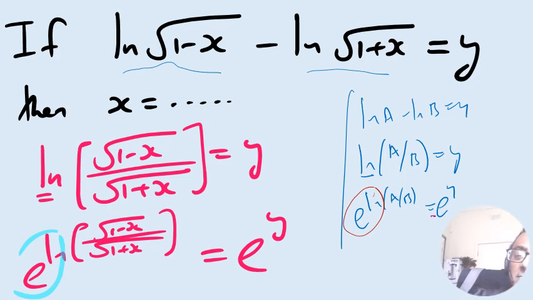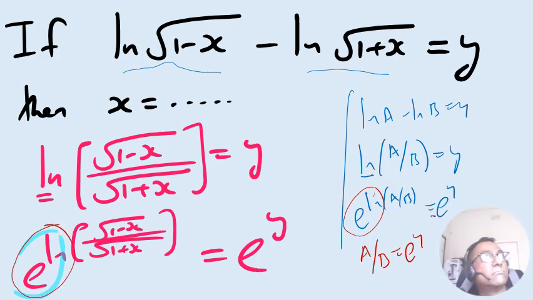Very bad mathematical talk there. So a over b is equal to y. That's exactly what happens: when e meets ln, boom, puff, gone. And so you'll have root of 1 minus x over root of 1 plus x equals e to the y. Remember, we're solving for x, we're not solving for y.